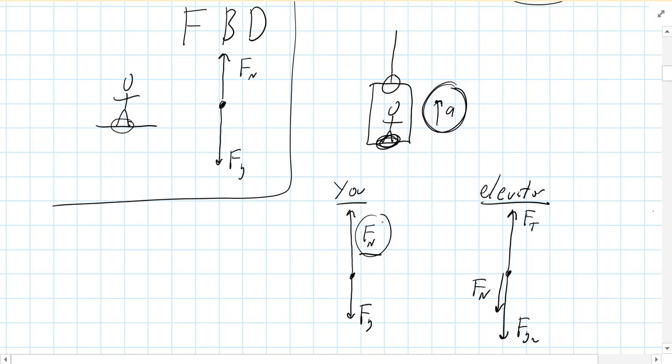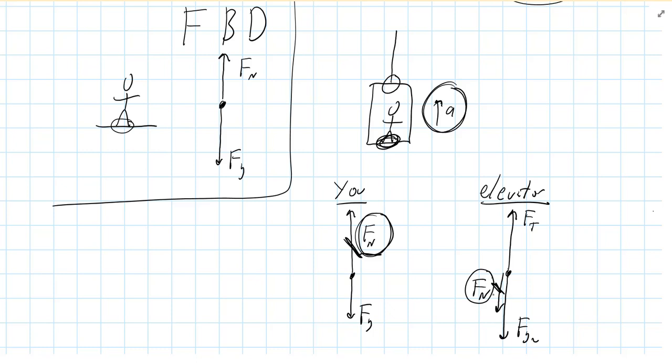Okay, so in the first FBD of you, the elevator pushed up on you. In the second FBD, you pushed down on the elevator. Okay, same force. And by the way, this arrow and this arrow will always be the same size. Okay, in these two FBDs, no matter what the elevator and person are doing, those two arrows have to be the same size. Now they're not drawn that way here, but they should be the exact same size.